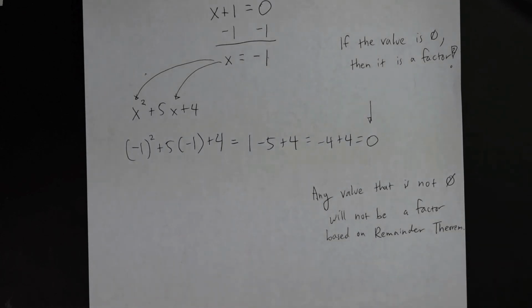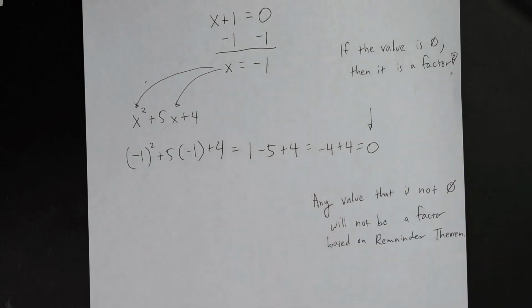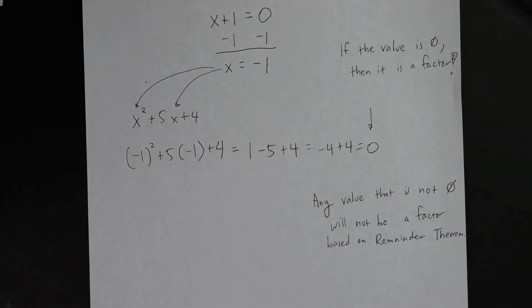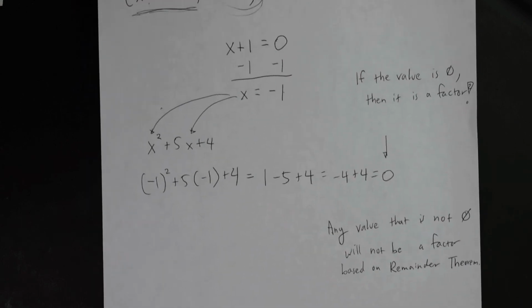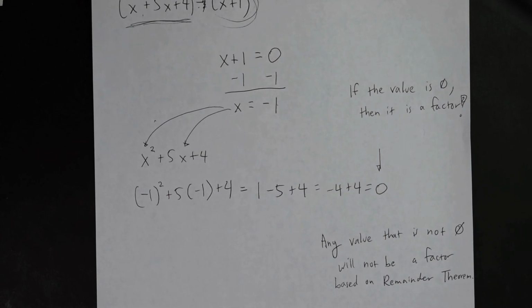But the main focus around the remainder theorem, I do want to summarize in the end, is to find out whether or not that specific 0, which for this question was x equals negative 1, will be a factor or x-intercept or whatever you want to call it for the polynomial, for any possible polynomial, whether it's x squared or x to the 4th or x to the 5th, okay?